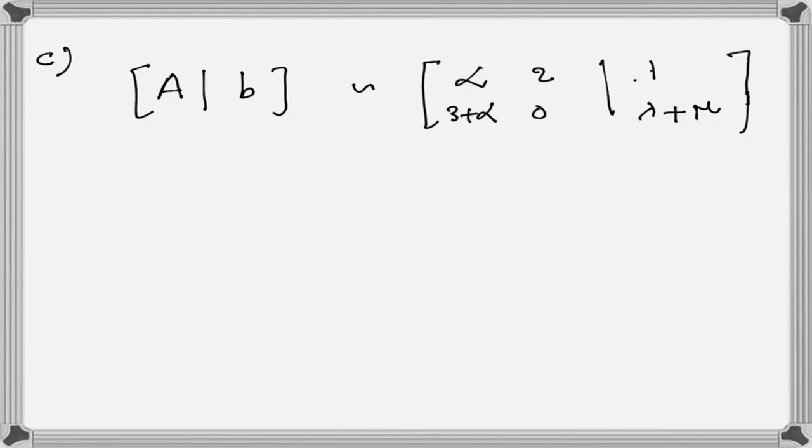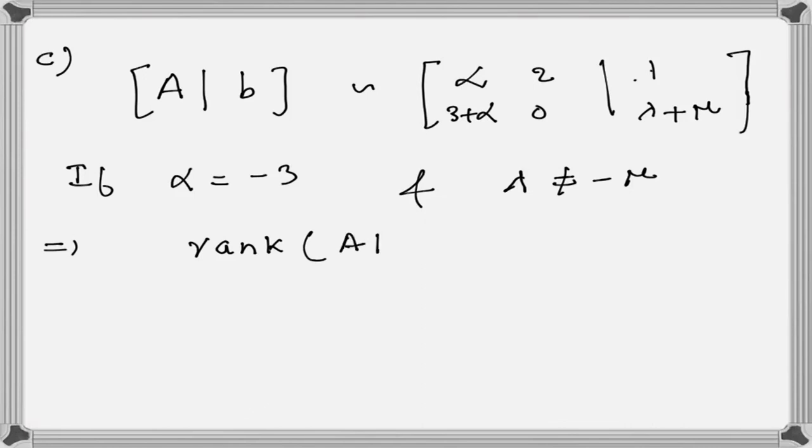Okay, so here if alpha is equal to minus 3 and lambda is not equal to minus mu, that means lambda plus mu is not equal to 0, this implies that the rank of A augmented B is equal to 2 and the rank of A is equal to 1, because the last row of A will be 0, but in the last row of augmented matrix AB you have entries 0 0 and a non-zero entry lambda plus mu.